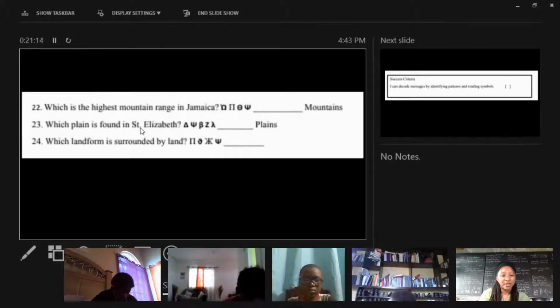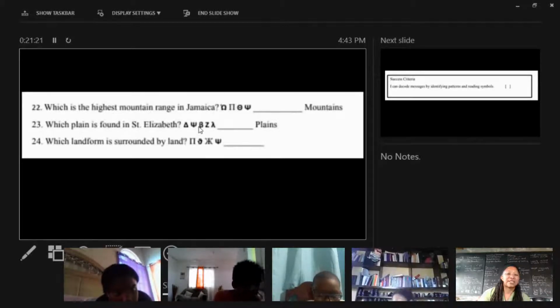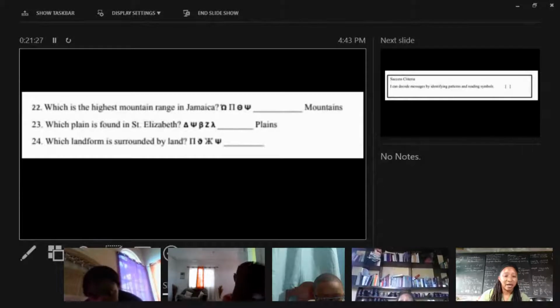So 23, which plain is found in St. Elizabeth? It starts with the triangle, W, beta, Z, and rho.